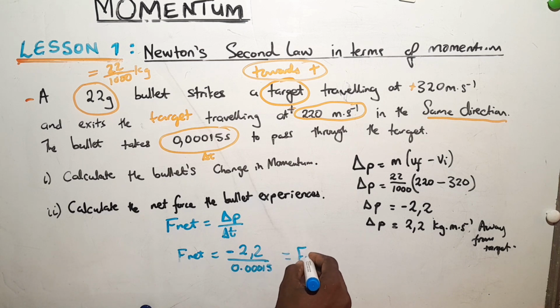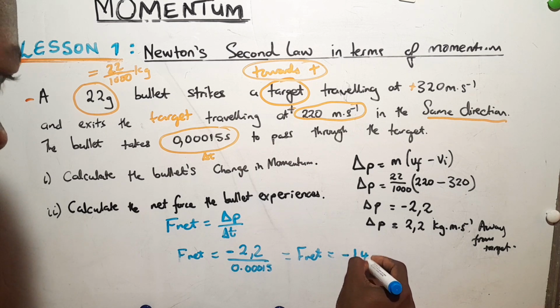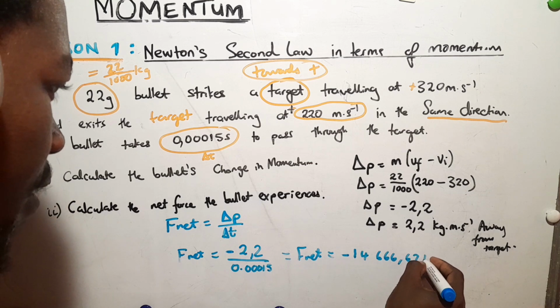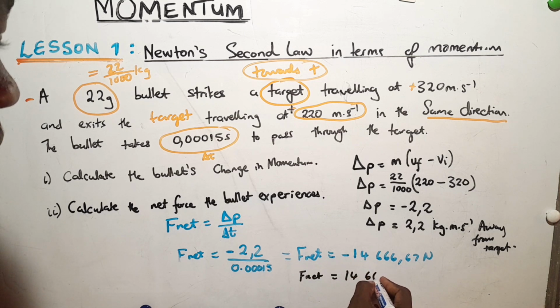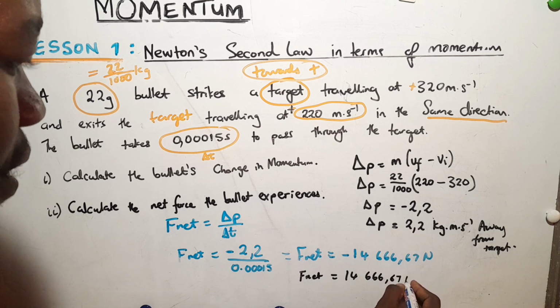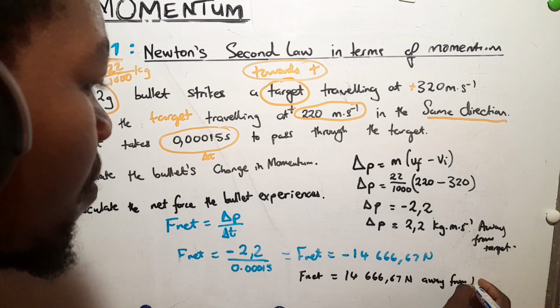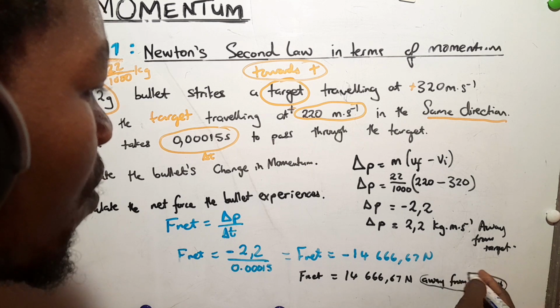So the F net acting on this bullet now becomes negative 14,666.67 newtons. But this negative is just showing us the direction. So the actual force acting on the bullet becomes 14,666.67 newtons away from the target. So this is the force that is acting on the bullet.